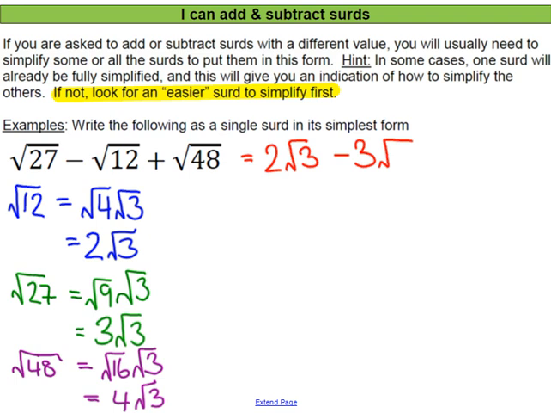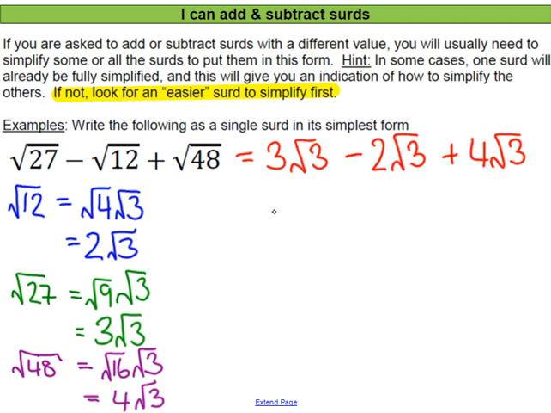This is what happens because I wrote them in a different order in my working than they were initially, so again, watch out for that. 27 is 3 root 3. And 12 is 2 root 3, so take away 2 root 3, and 48 is plus 4 root 3.